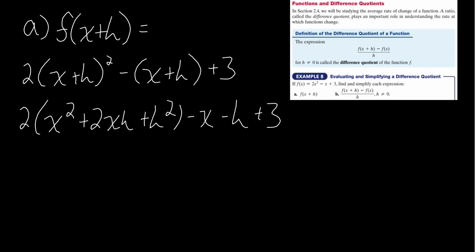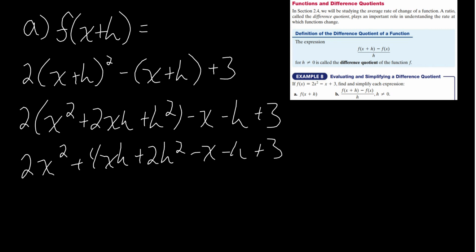Let's put the parentheses there. Then we can distribute the 2 through, and we're going to have 2x squared plus 4xh plus 2h squared minus x minus h plus 3. Let's fix that h. Okay, there are no like terms.